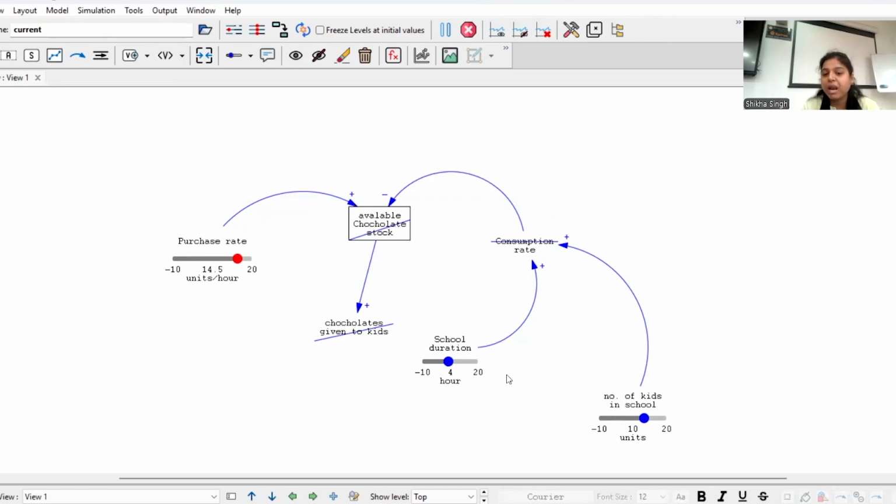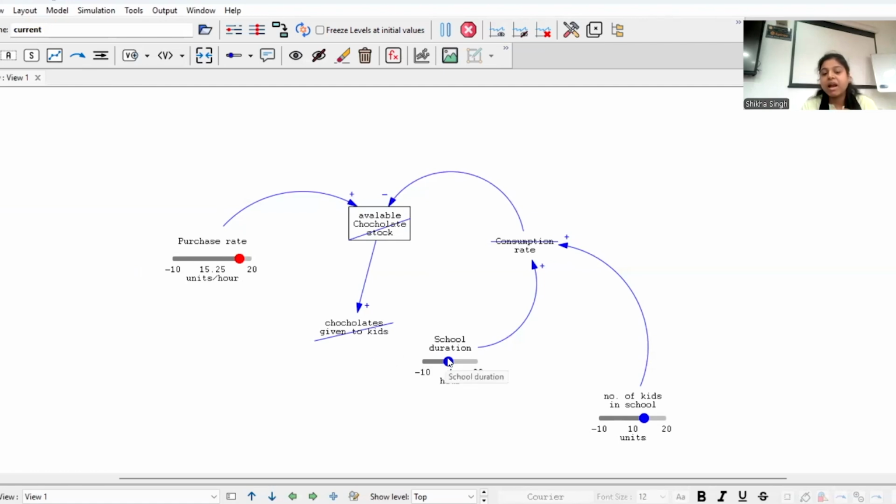I fixed those parameters. You see, there is no change in the school duration. There is no change in the number of kids in school. I'm just changing the purchase rate. And when I'm changing the purchase rate, you see, the stock is increasing or decreasing. So this is how I could recognize what the impact of purchase rate is on the stock variable, right?